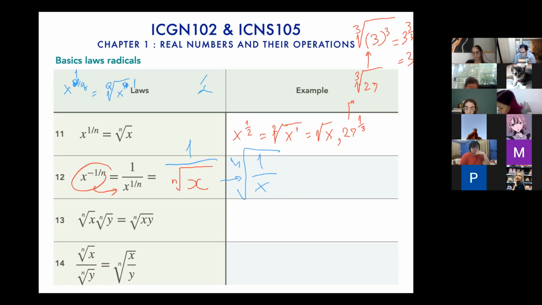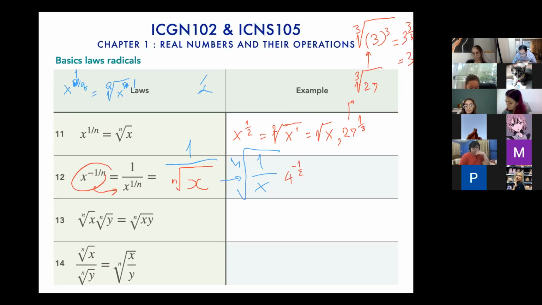Okay, everyone, you understand this? It can be changed into these two forms because the n root of 1 is 1 anyway. That's why you can just move 1 inside the n root, the same thing. So for the example here, we have 4 to the power of negative 1 over 2.